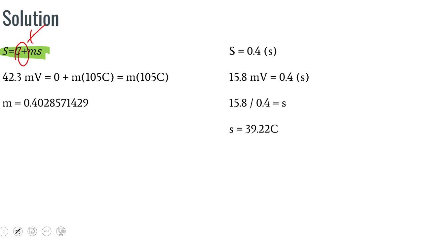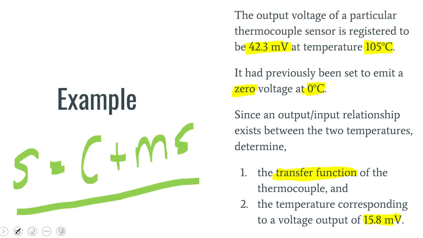So C is 0, and we can start with that, and then substitute the values from the first case.